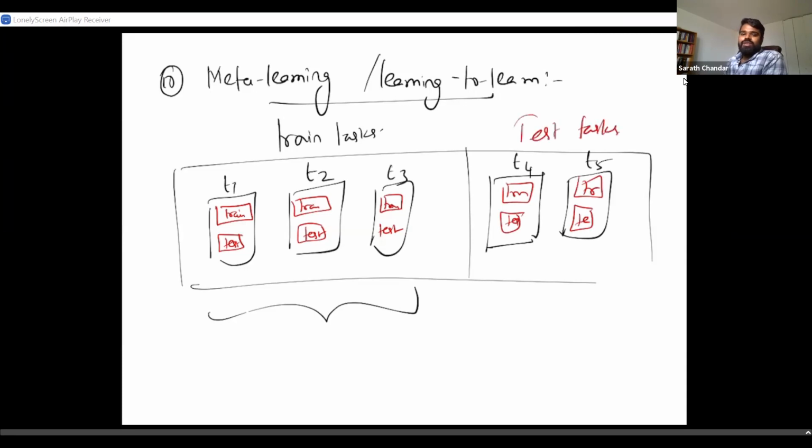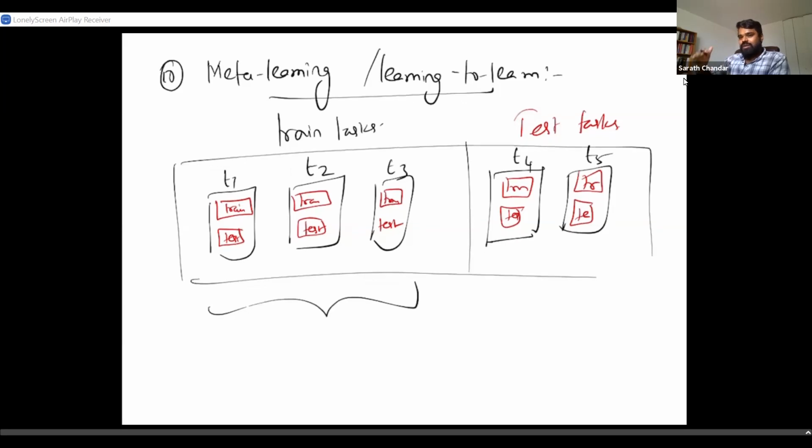In other words, I'm asking the question of how can I learn to learn efficiently? How can I learn these 3 tasks in such a way that, given new tasks, I could learn those tasks easily? It's like one level higher in terms of learning. That's why we call this meta learning, or learning to learn.